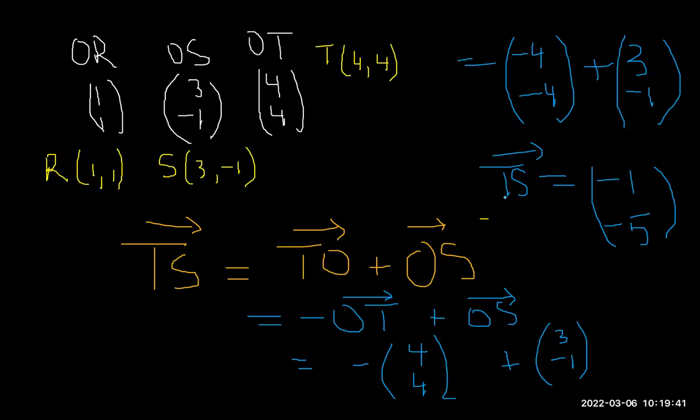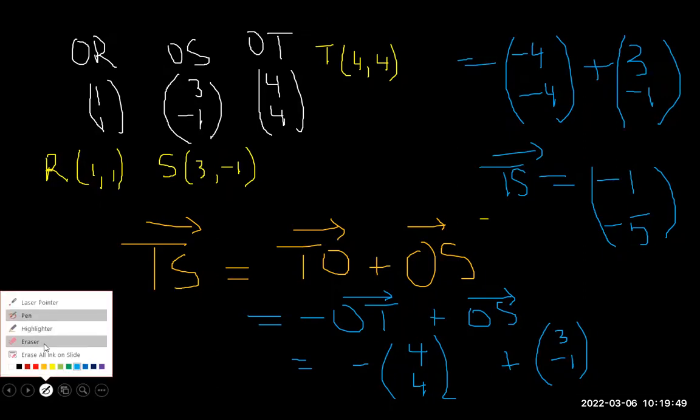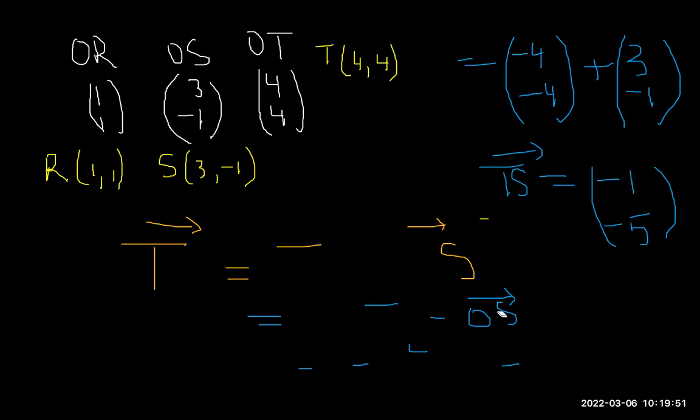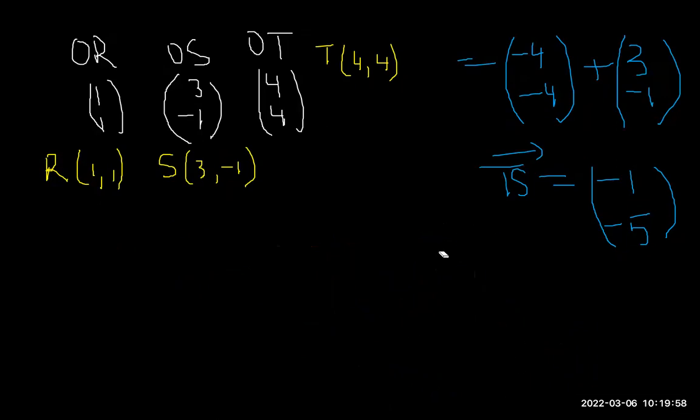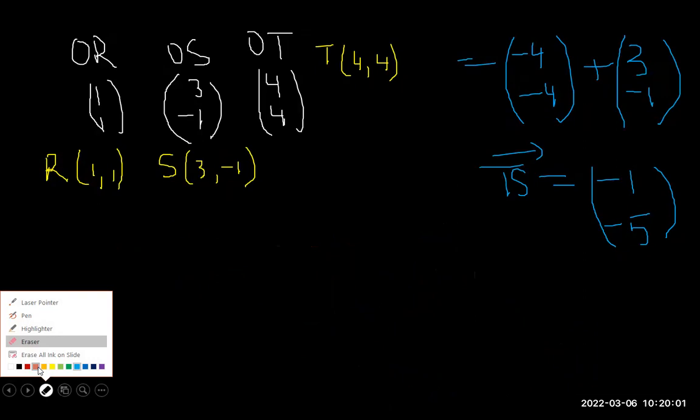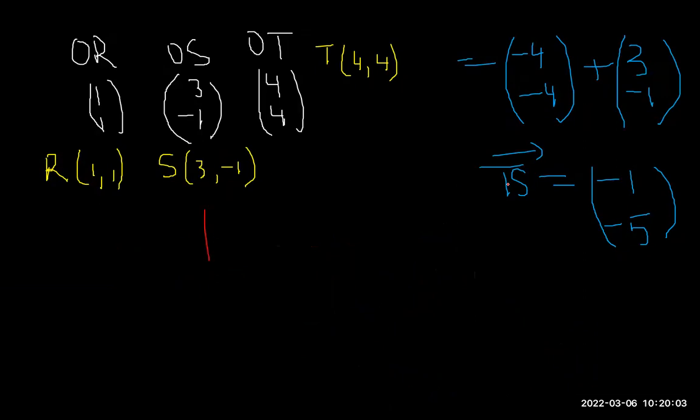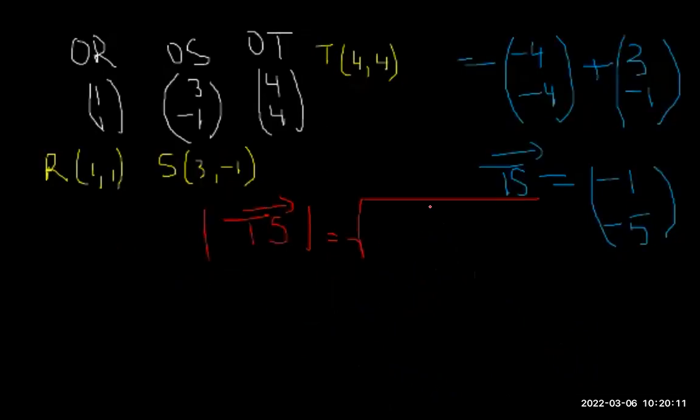They did not ask me for the vector. They asked me for the length, aka magnitude or modulus. And we know when finding the length of a vector, we have to apply the formula. That formula states that the magnitude of a vector, so in this case, the magnitude of ST, is going to be equal to the square root of the X component squared plus the Y component squared.